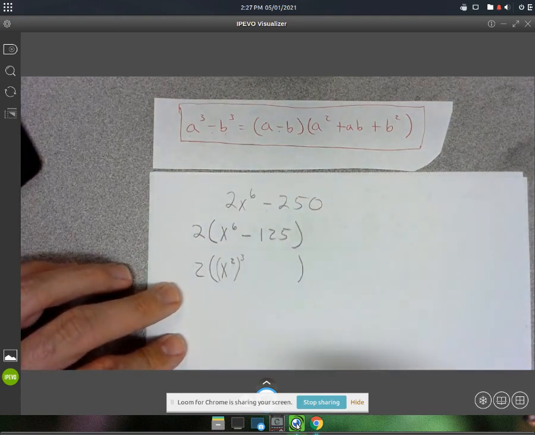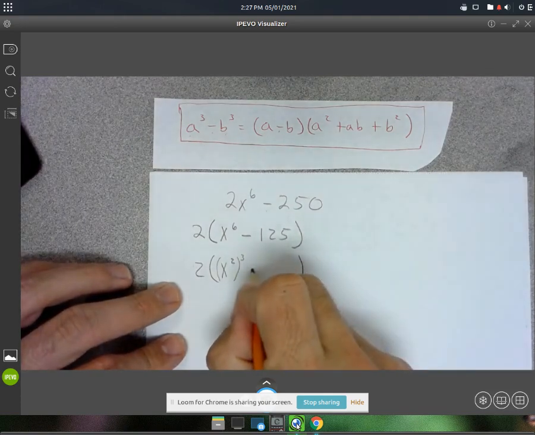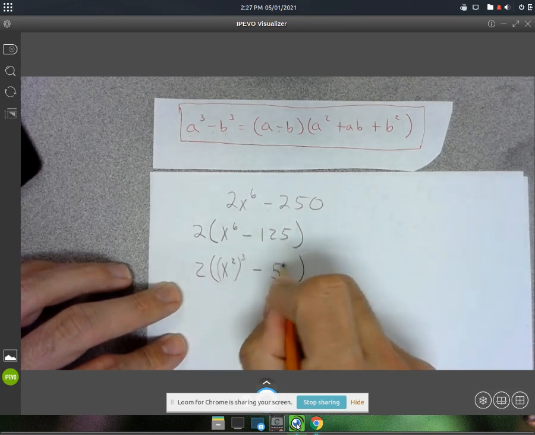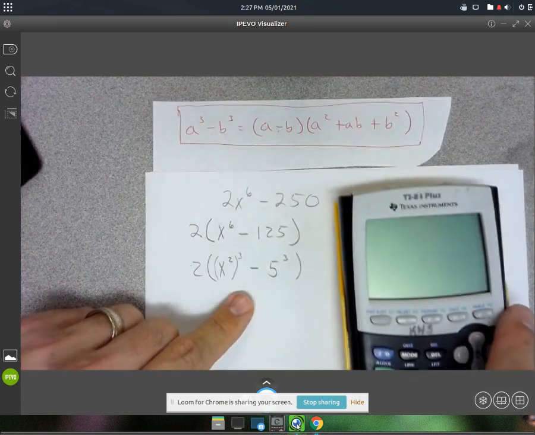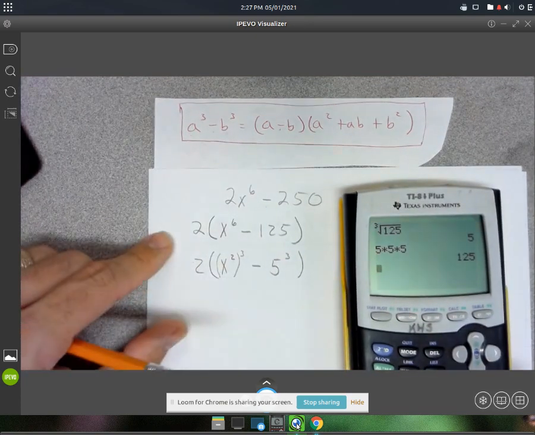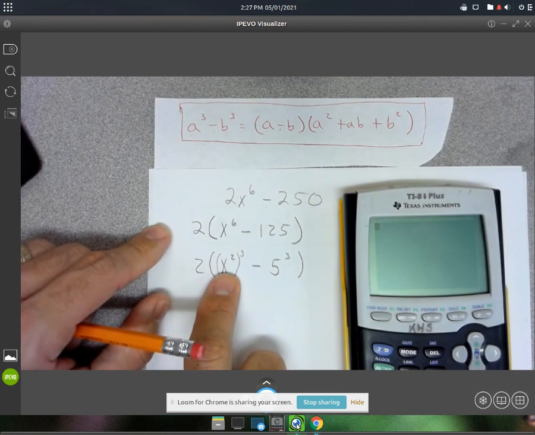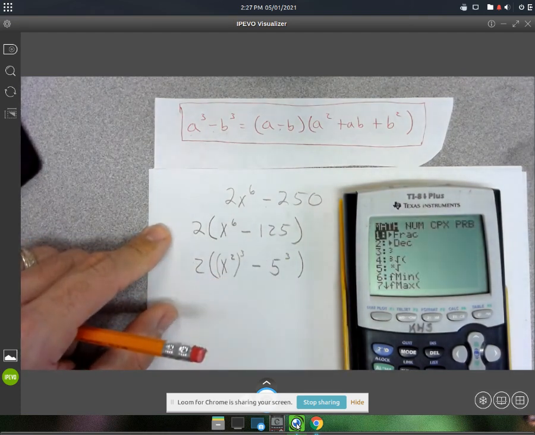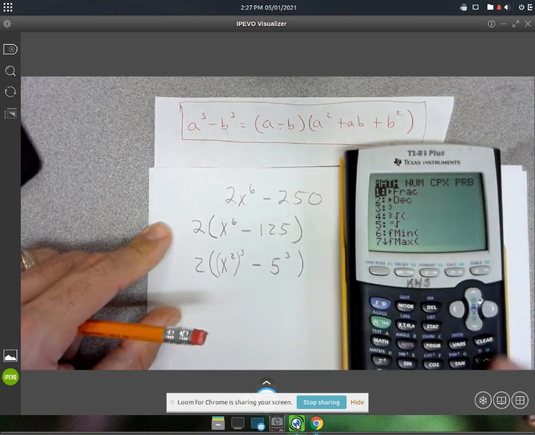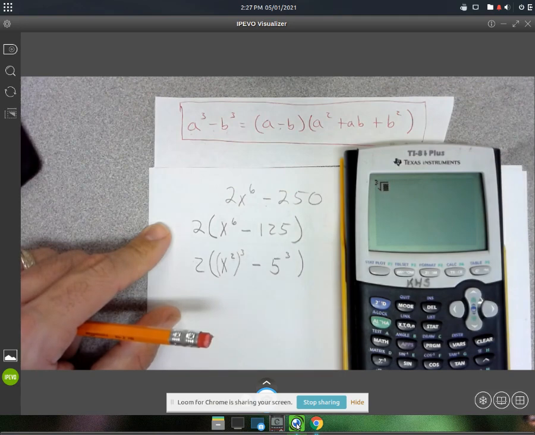And then 125, you might know that, you might not, but that is equal to 5 to the third power. So what I'm basically doing is taking the cube root of both of these pieces. On your calculator, if you have one, press math and then number 4, that's the cube root of 125.